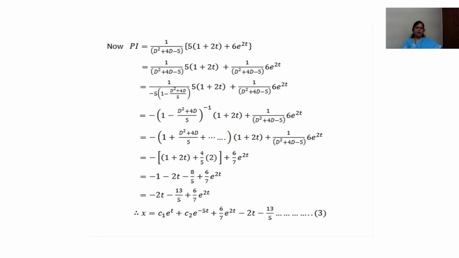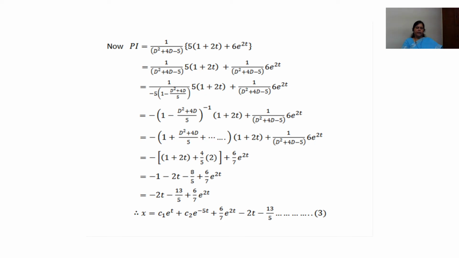The first term we have to simplify with type 3 of particular integral, and the second term with the first type of particular integral. First I will explain the first term, then we'll go for the second term.